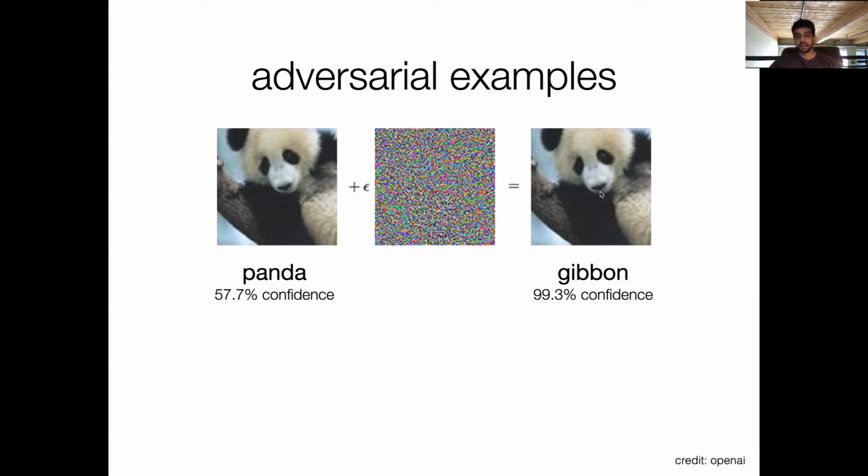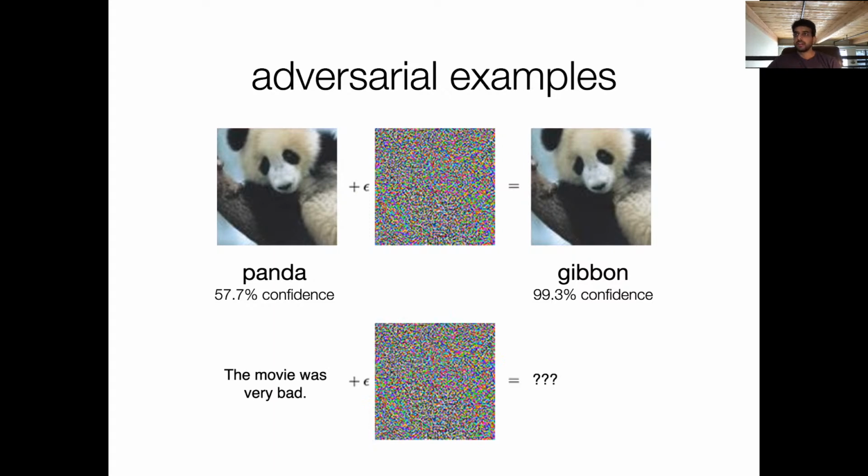But for a neural network image classifier, the second image gets predicted as a gibbon with 99% confidence. So it's obviously not working on this adversarial example, even though as humans we know that this image still contains a panda in it, right? We would like to design models that are robust to these small imperceptible perturbations in the input.